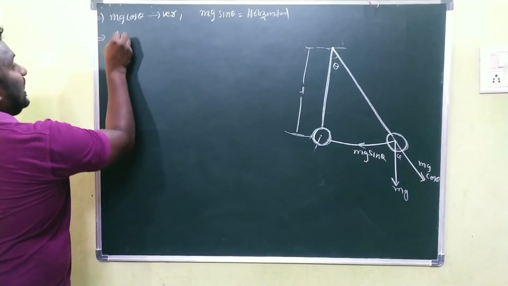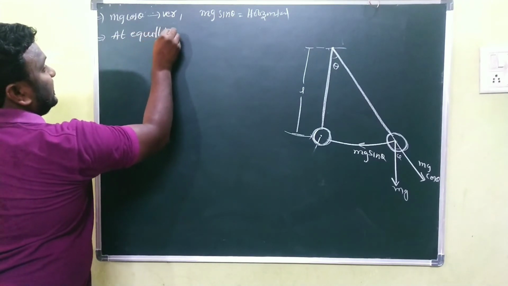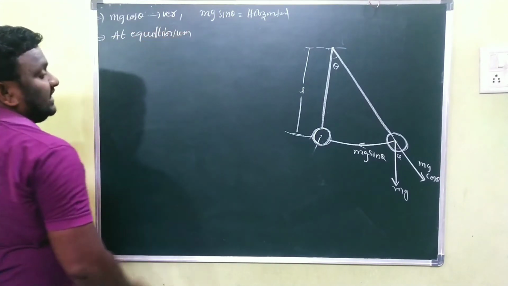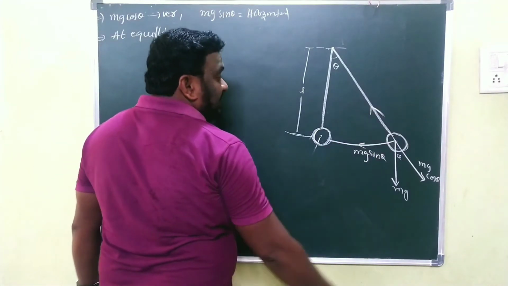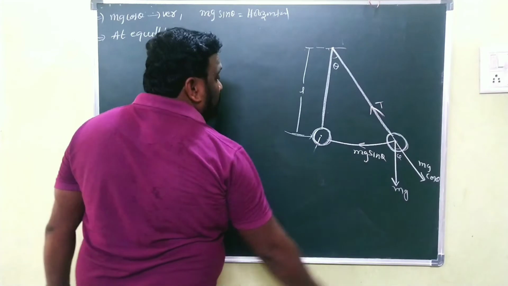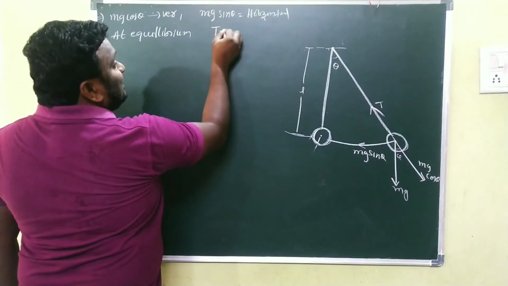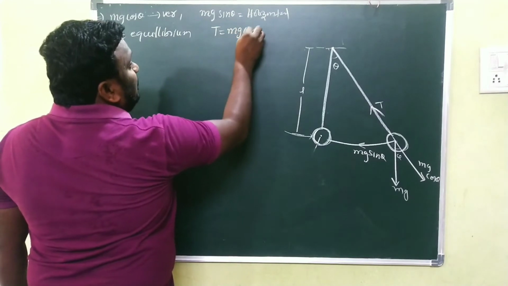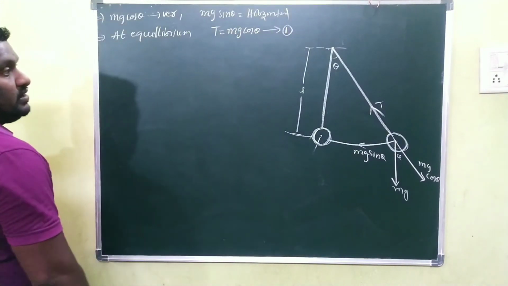And now children, at equilibrium, there is one condition. Here it is a rope or a thread, that's why tension acts upward. At equilibrium, the tension is balanced by mg cos theta. Clear?